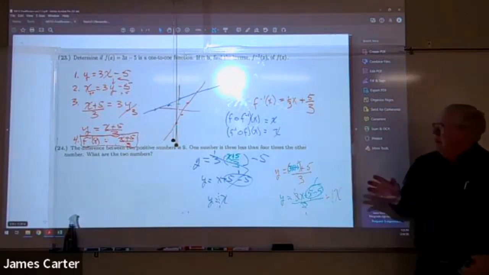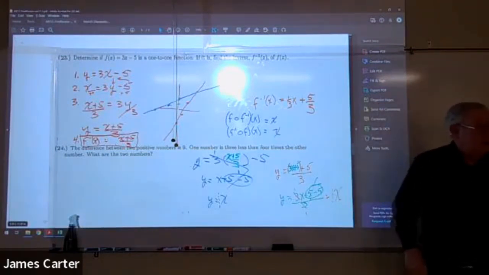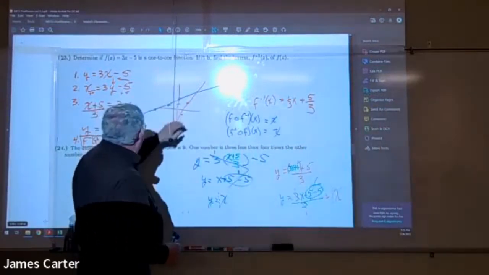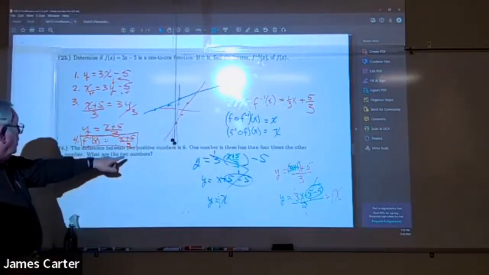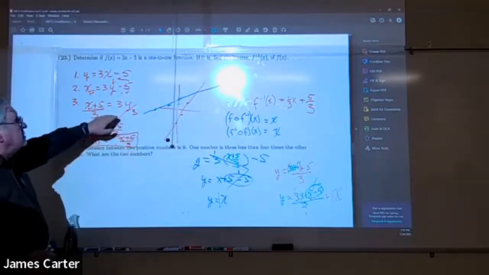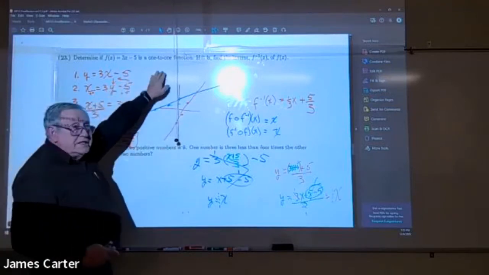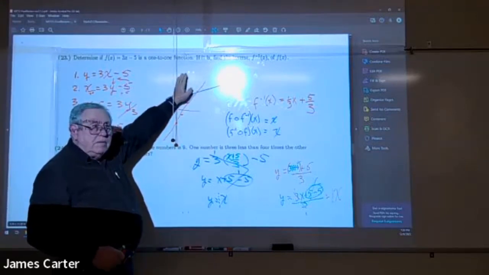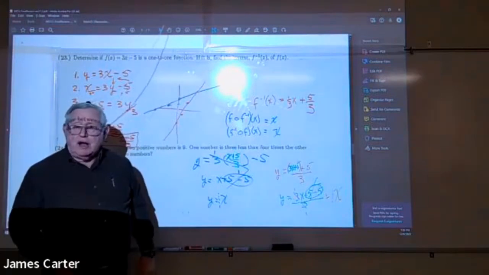Now, three different ways I've shown you to determine. If you wrote out to me, first you would have to get this answer, this one or the fractional version of it, wherever it is that I did that. You would have to do that. But if you wrote me a statement saying these are both linear equations and all linear equations are 1-to-1, I would accept that at full credit.